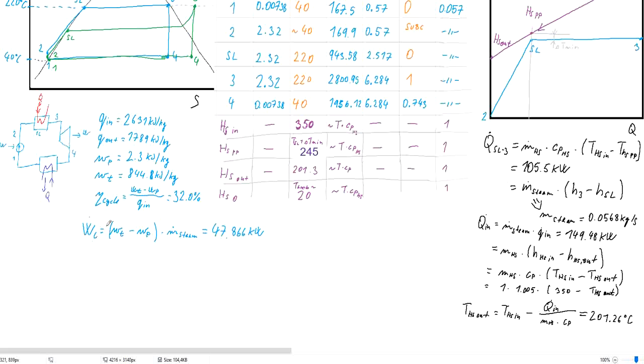So now, as we had the efficiency of the cycle, we also have the absolute value of the electrical output that we get out of this cycle for the given heat source, and we can also calculate the so-called utilization efficiency.